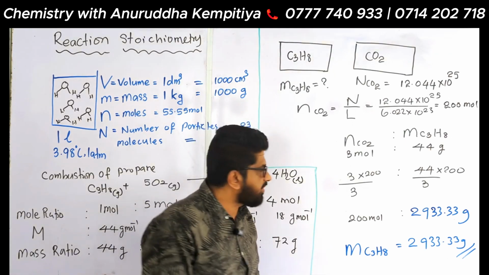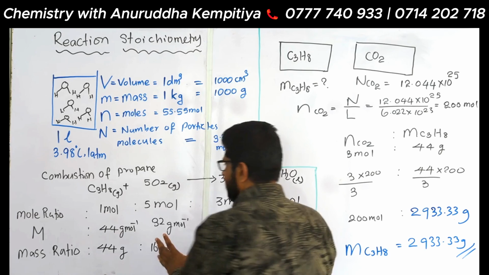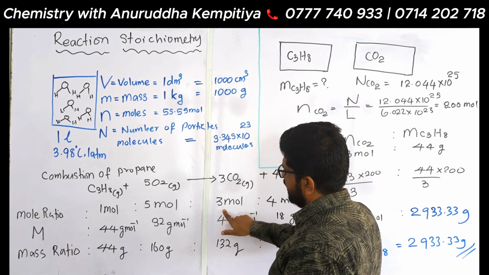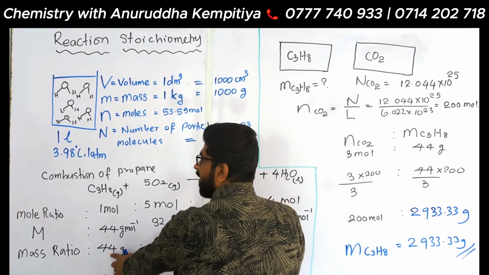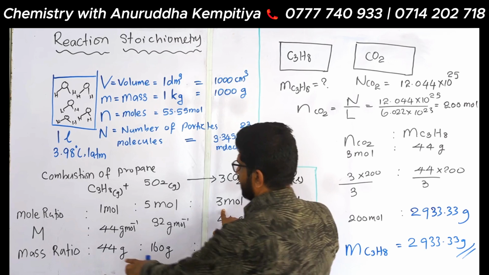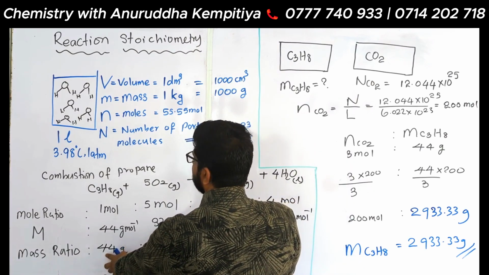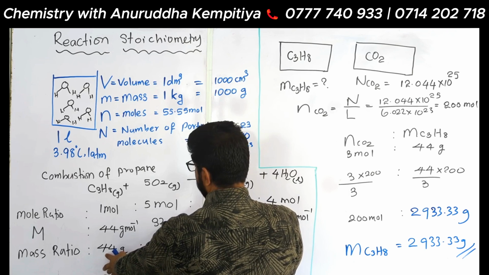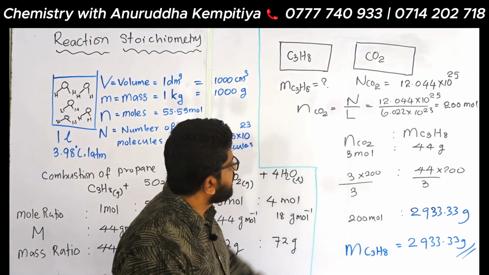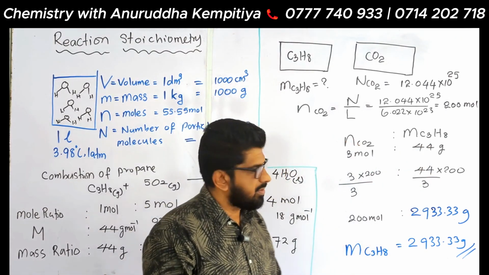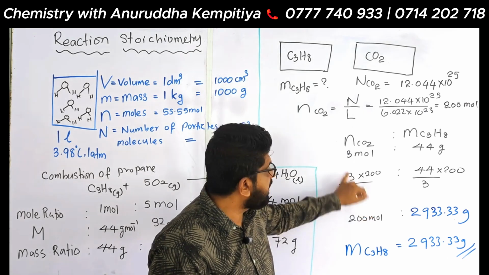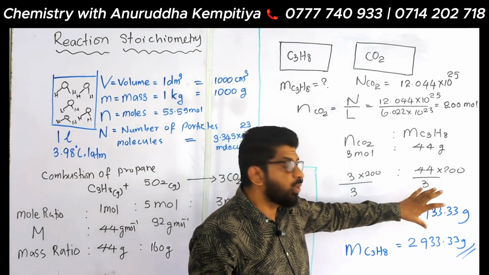Then I can go for the stoichiometric relationship. The stoichiometric relationship is this: for 3 moles of carbon dioxide to be produced, the required mass of propane to be combusted is 44 grams. That is the stoichiometric relationship. So 3 moles require 44 grams. So again, I am going to convert that to 200 using this simplification method: divided by 3, it becomes 1, and multiply by 200. I have to do that for both sides.